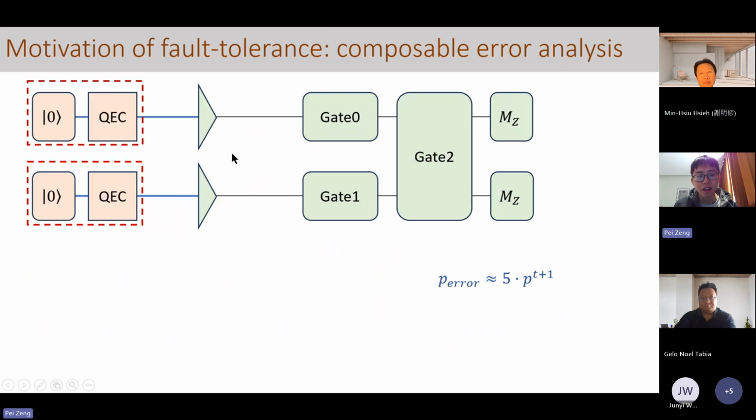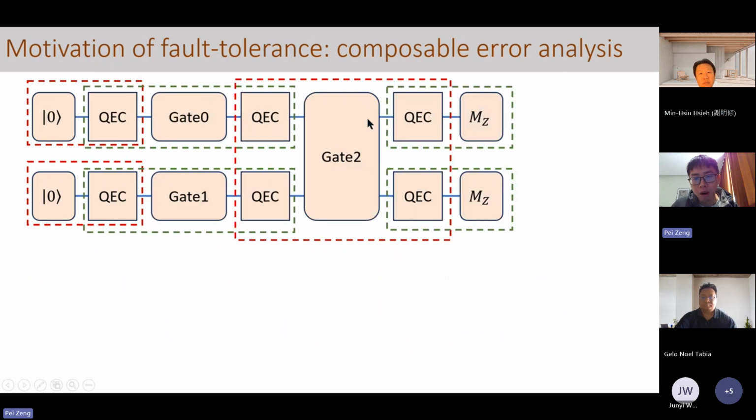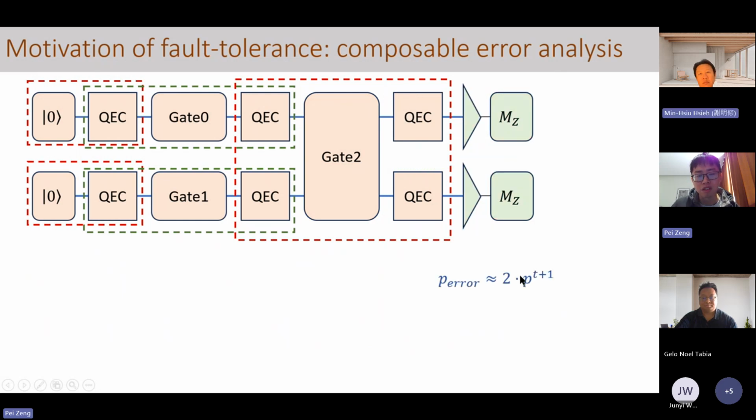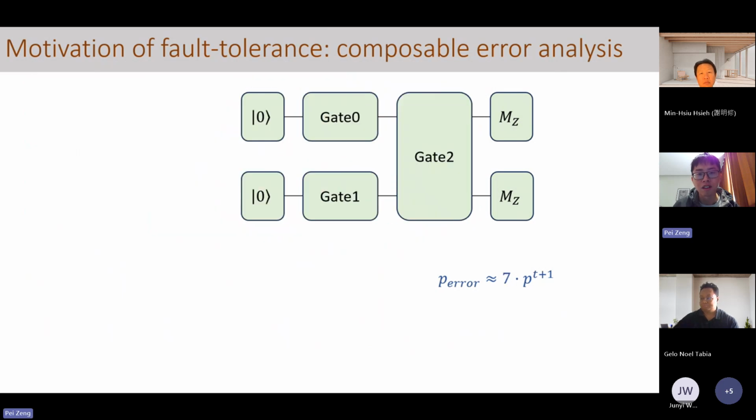For each box, you will have a fault-tolerant gadget, and you can replace each small fault-tolerant gadget with the ideal gadget with a small error weight. Then gradually you can do this composable error analysis. I don't know what is new in last week's talk.